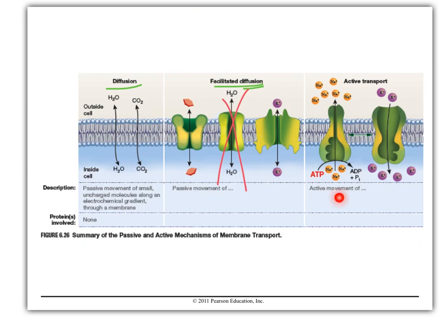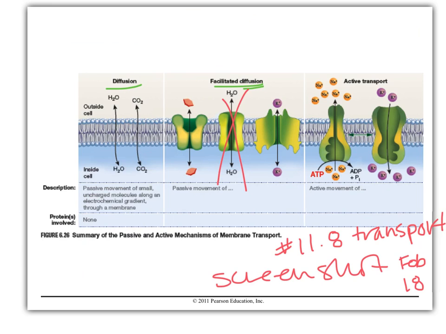What is it the active movement of? How does it go on its concentration gradient? And what are the names of the proteins that are involved? So fill this out, take a screenshot and upload. So please do the 11.8 transport homework, take a screenshot and upload. This is under February 18th.